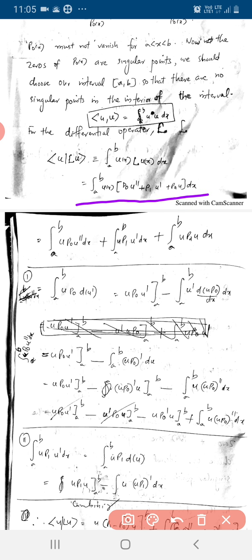Now we can split it into 3 terms. We have this integral u p0 u double prime dx, here we have integral u p1 u prime dx, and here we have integral u p2 u dx. Okay, we split this. So the first term, if we integrate by parts, we have this.